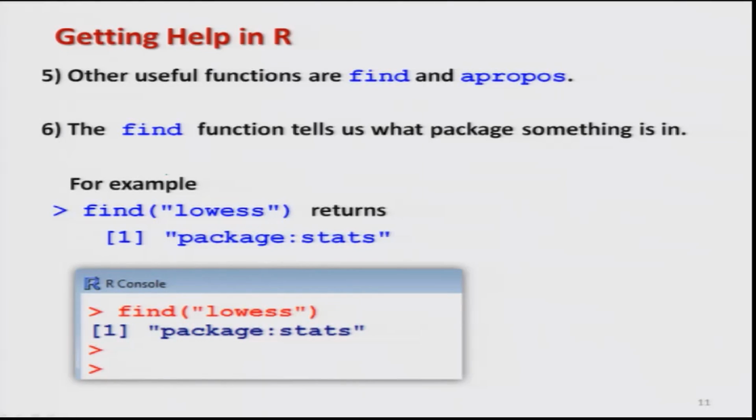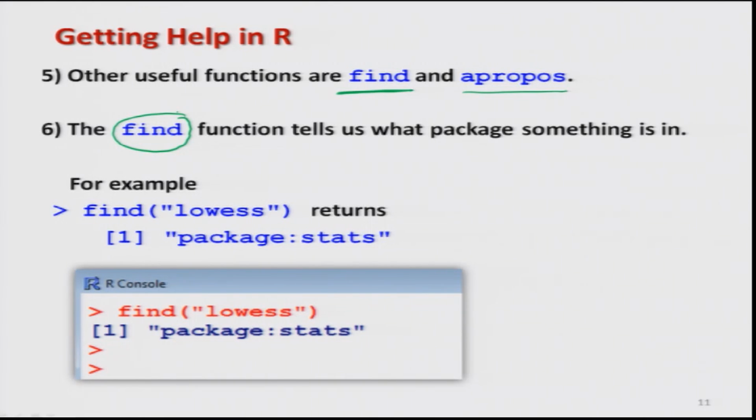So, now the next approach to get some help is to use two commands. First is find, and another is apropos, right. This function find tells us what is there inside the package.